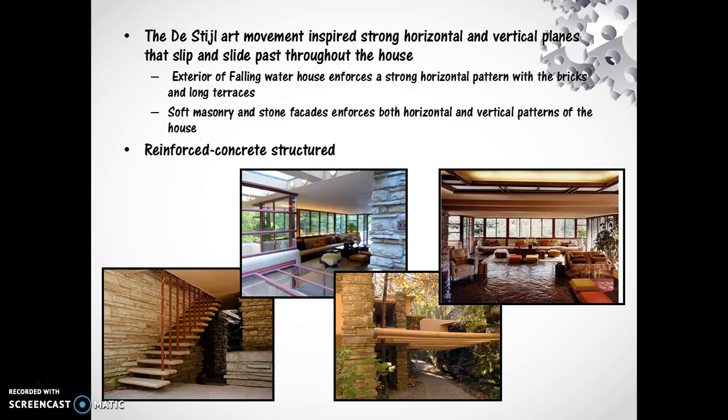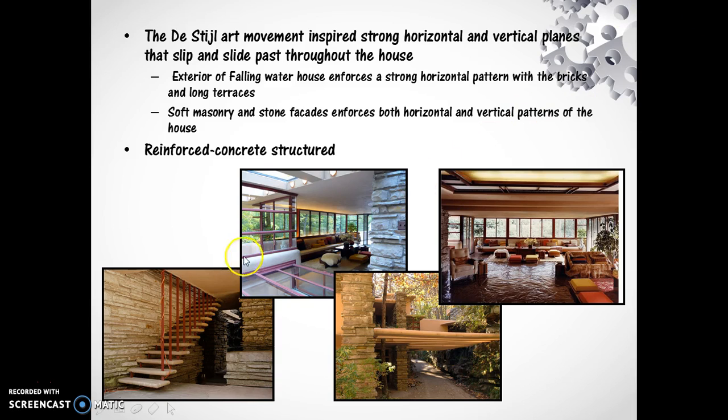The De Stijl art movement in this Fallingwater House inspired strong horizontal and vertical planes that slip and slide past through the house. As you know, De Stijl plays with straight lines, straight horizontal and straight vertical lines.